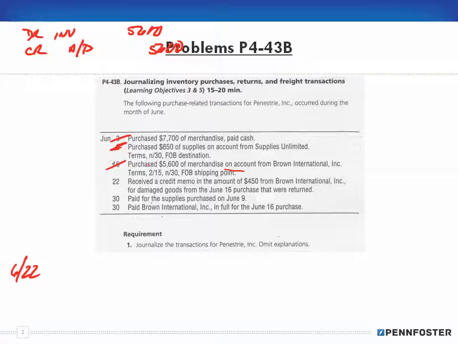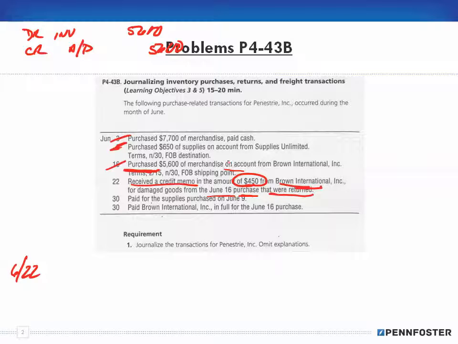I mean, on June 16th, we are purchasing the $5,600, okay? Now it says received a credit memo for $450 from Brown, okay, for damaged goods from the June 16th purchase that were returned, meaning on June 16th we purchased that and we returned it, so we're getting a credit memo back from Brown International for the amount of $450.